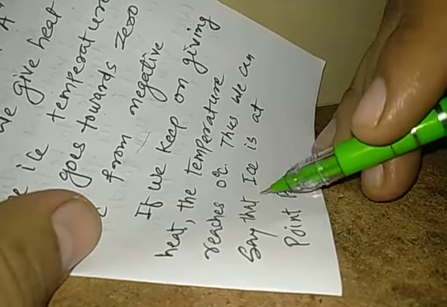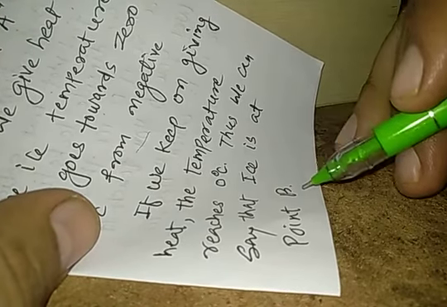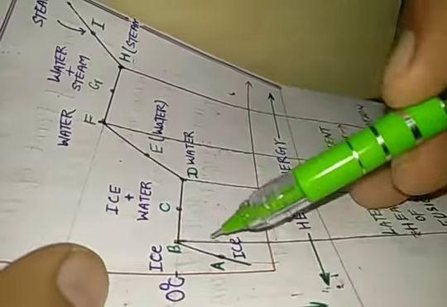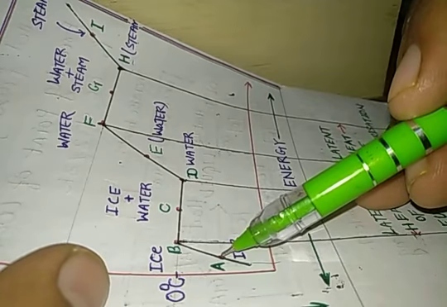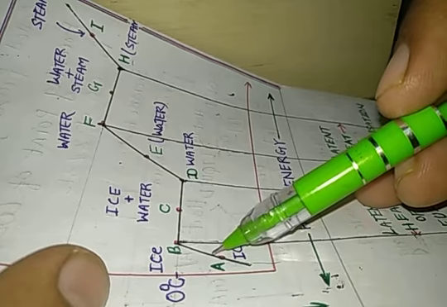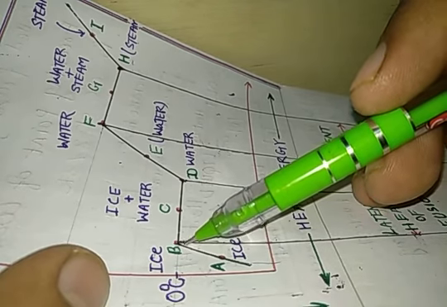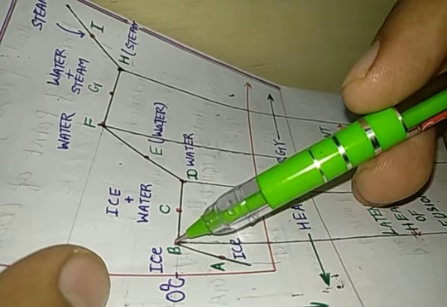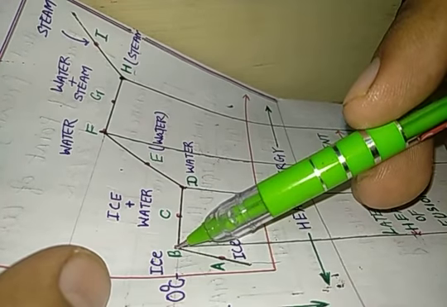Thus, we can say that ice is at point B. From point A we start providing heat, so as we provide heat, the temperature increases, and we reach point B. This is what we have studied.